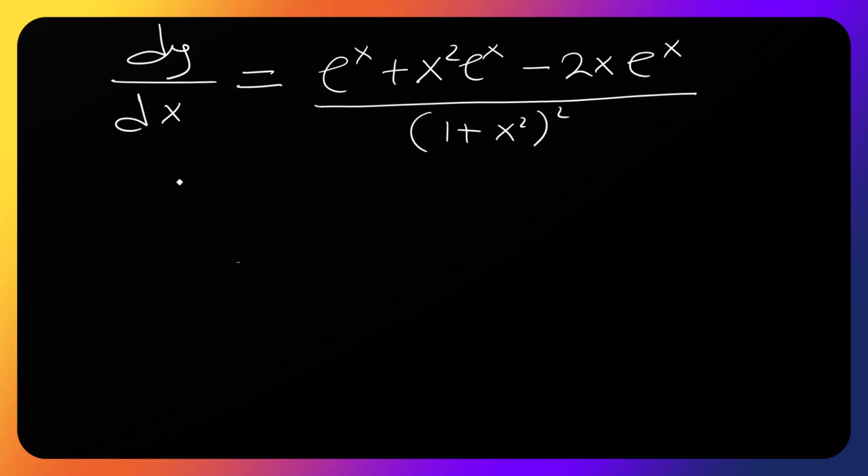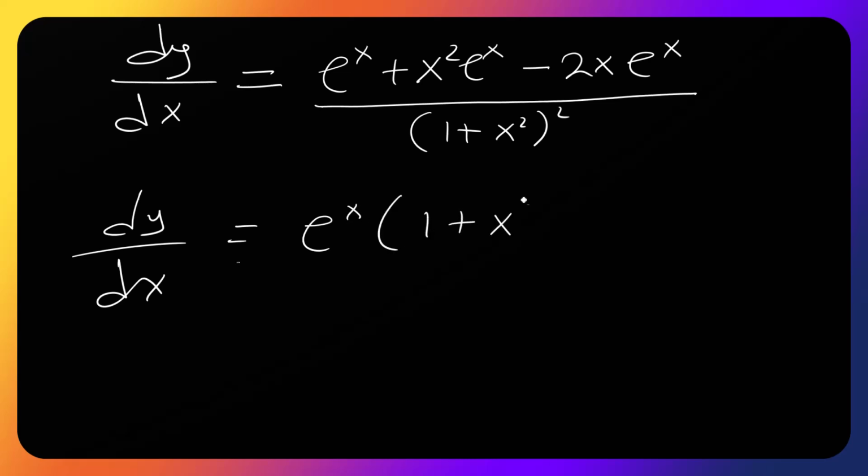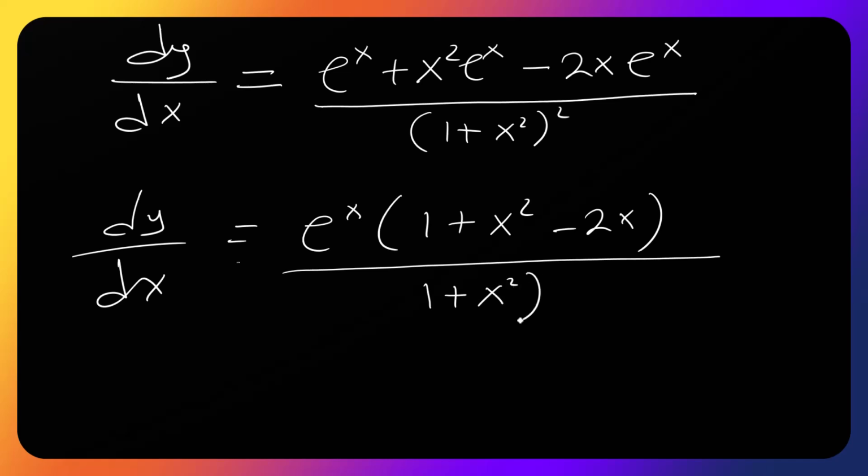We have e to the power x in common. So we have e to the power x times 1 plus x squared minus 2x, over 1 plus x squared all squared.